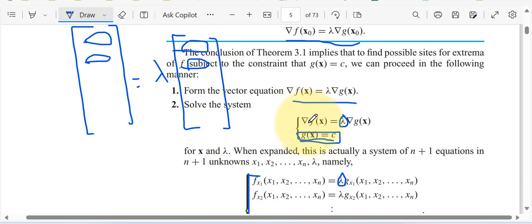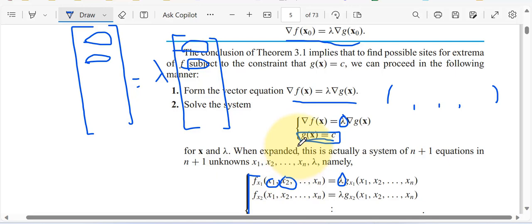Remember that the gradient is a vector of partial derivatives. So we take the partial derivative with respect to the first variable, the next one is the partial derivative with respect to the second variable, and so on. That's what taking the gradient means.